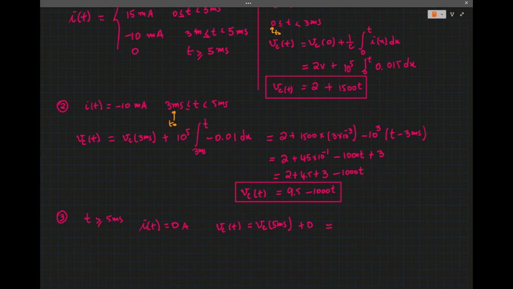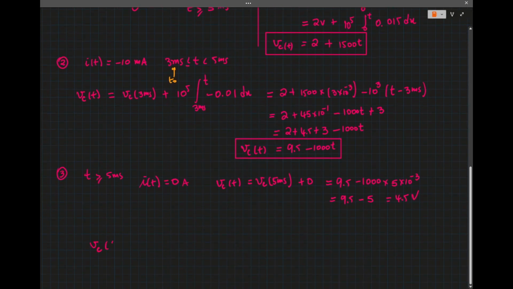So that is 9.5 minus 1000 times 5 times 10 to the negative 3. So that gave me 9.5 minus 4.5, which is 4.5 volt.